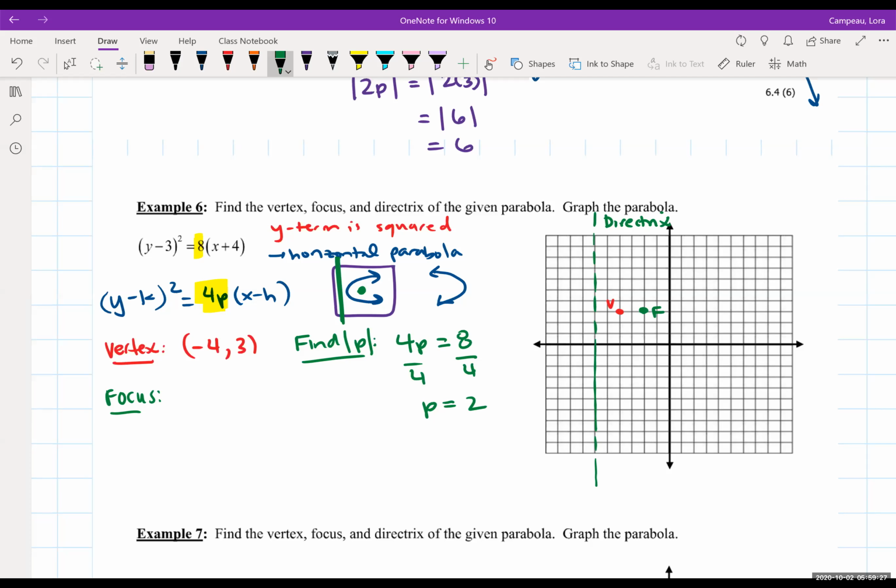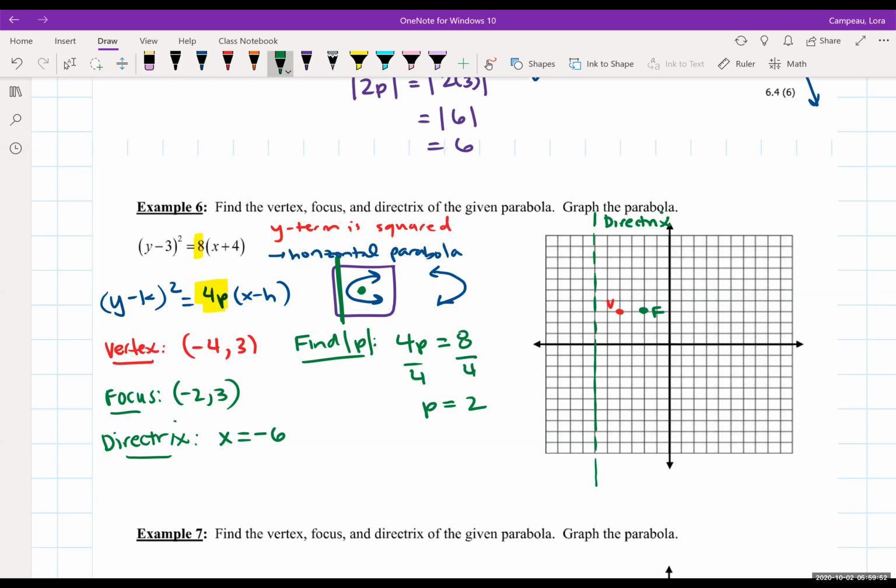And the directrix equation, it is a vertical line, so it's going to be x equals, and then we just have to figure out where it crosses the x-axis. So that's crossing the x-axis at -6. So we have that taken care of.